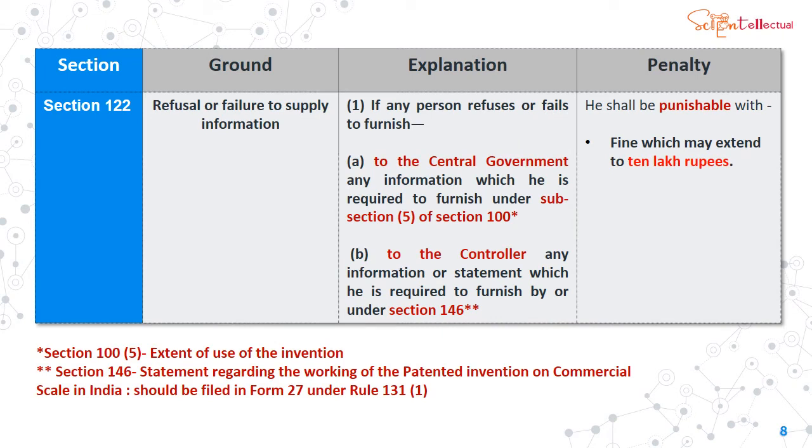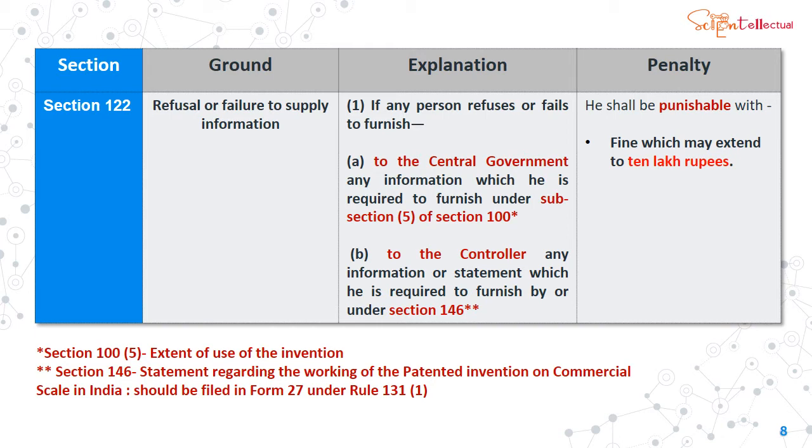Section 122. The ground is refusal or failure to supply information. If any person refuses or fails to furnish to the central government any information that he is required to furnish under subsection 5 of section 100, or to the controller any information or statement which he is required to furnish under section 146, then he will be punishable with fine which may extend to 10 lakh rupees.